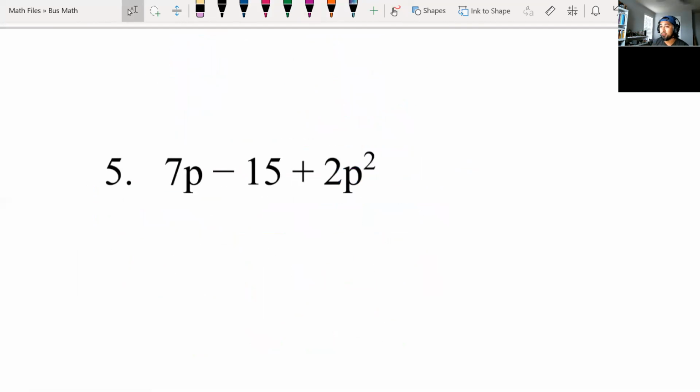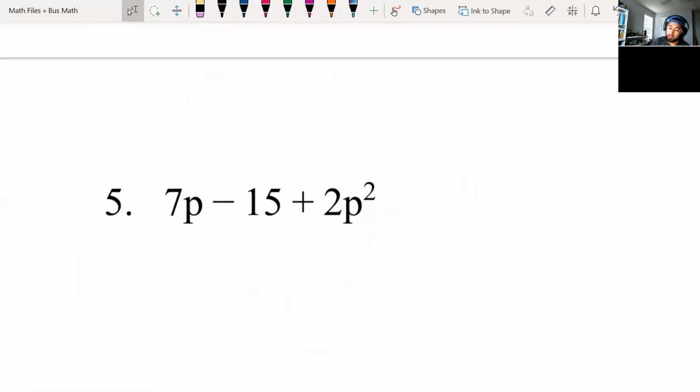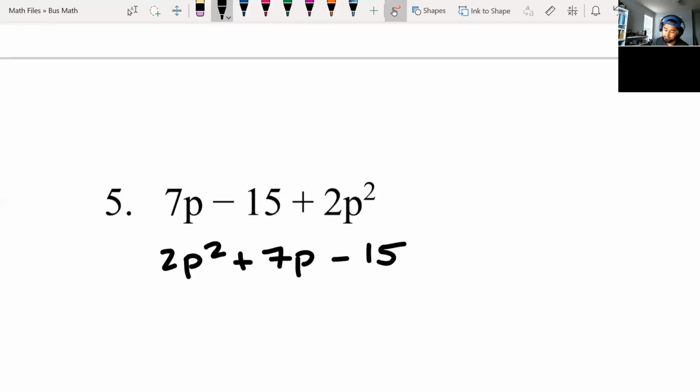All right, 5. Let's go ahead and rearrange this because we see we have 7p minus 15 plus 2p squared. Everything's out of order, so I'm just going to rewrite it as 2p squared plus 7p minus 15.